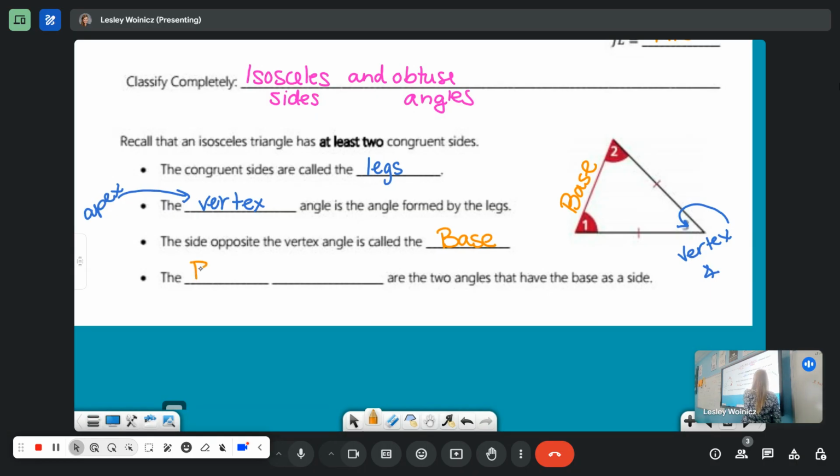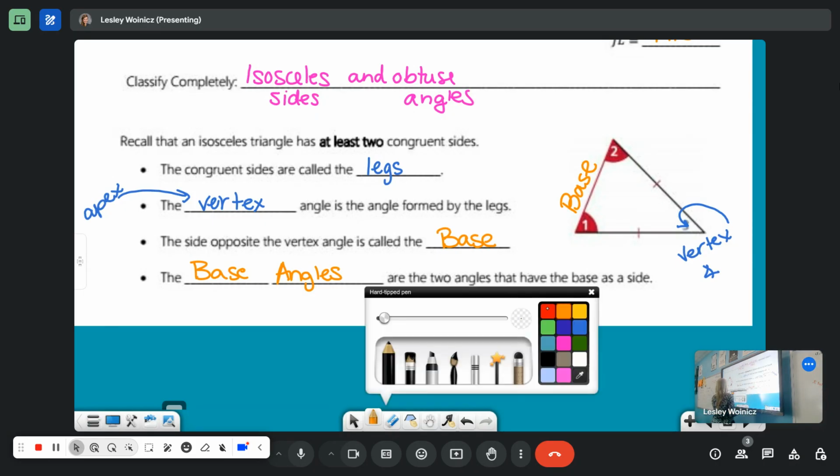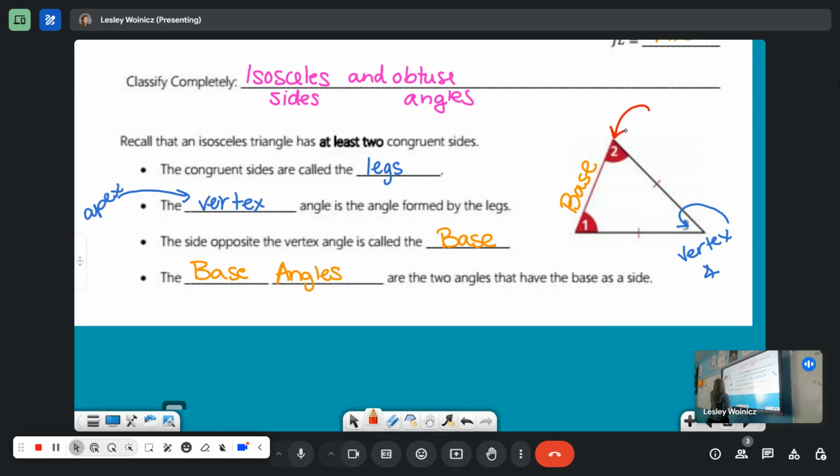The base angles are the two angles that have the base as a side. So this is a base angle, and that is a base angle.